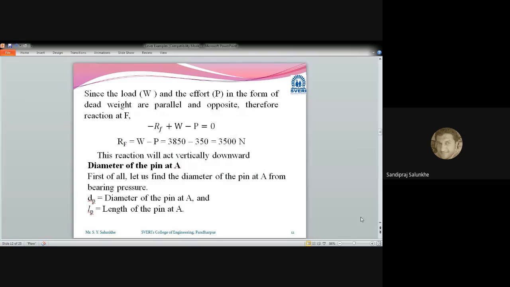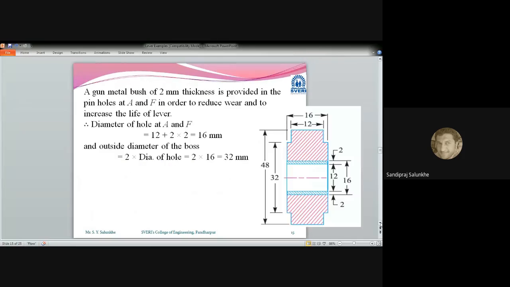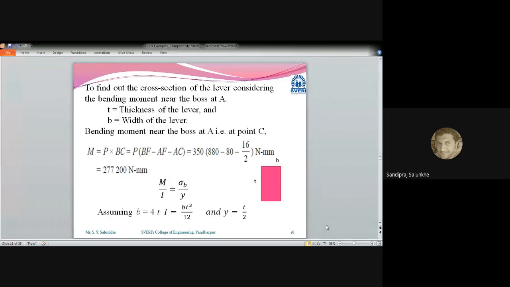पिन आपण कॅल्क्युलेट केलेलं आहे ते 12, पण त्याच्यामध्ये जे होल आपण डायमीटर कॅल्क्युलेट केलाय, होलचं डायमीटर, दॅट इज इन्क्लुडिंग थिकनेस ऑफ दॅट बुश, दॅट इज 2 + 2. हे तुम्ही लिहून घेत असेल तर समजत असेल. सो दॅट इज इक्वल टू 350, दॅट इज P, into its distance, 880 minus 80 minus 16 divided by 2.